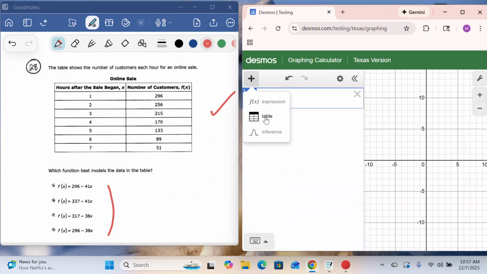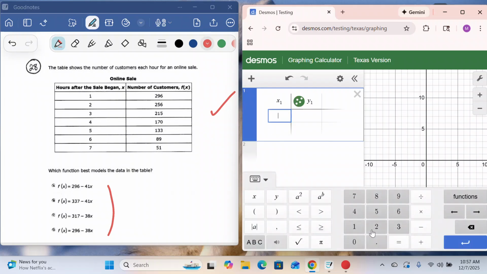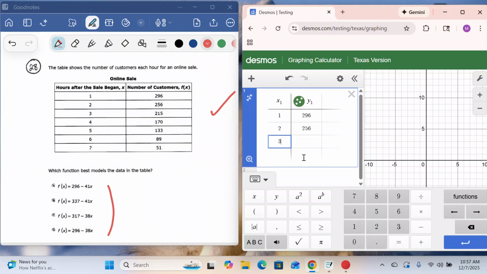I'm going to put plus sign, table. I'm going to input all these values into the table. And since it is linear, I'm going to cut it down to 3 values because 3 values is more than enough. But again, if you want to input every single one, you're more than welcome to. I'm just going to input the first 3 values since I know it is a linear table.